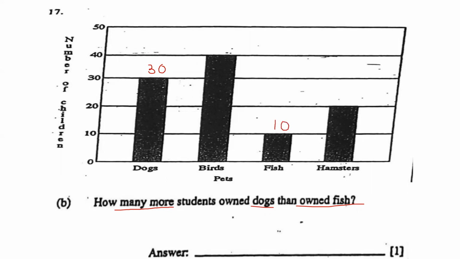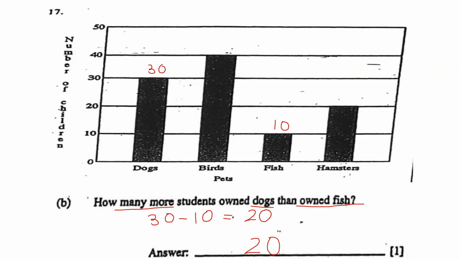So you have to do the subtraction: 30 minus 10, which is going to be equal to what? 20. So 20 more students own a dog than own a fish.